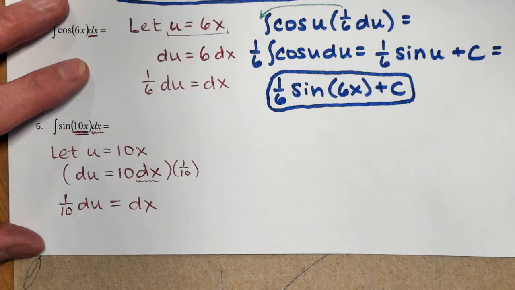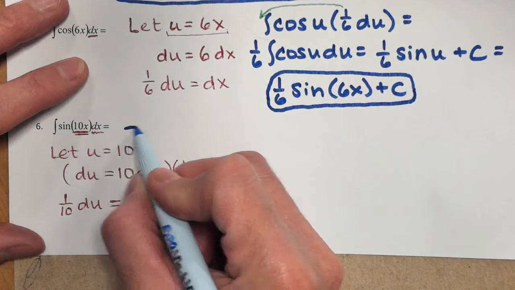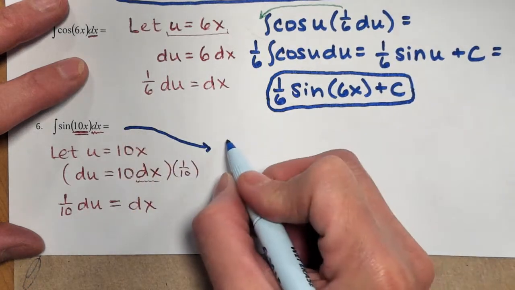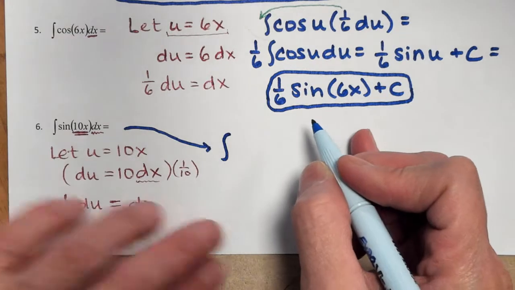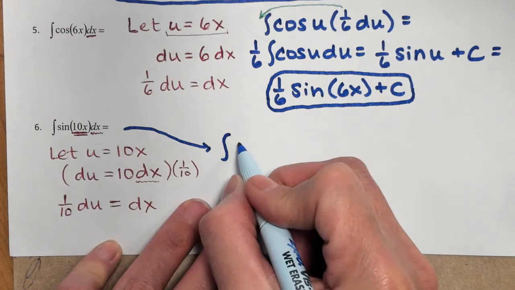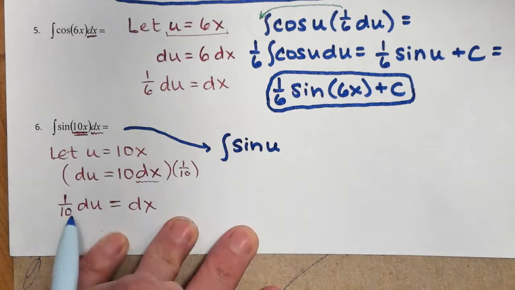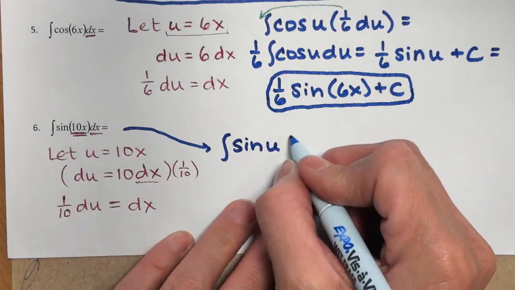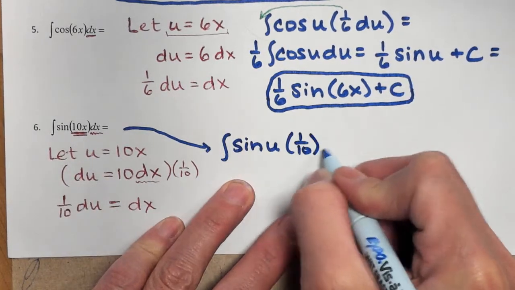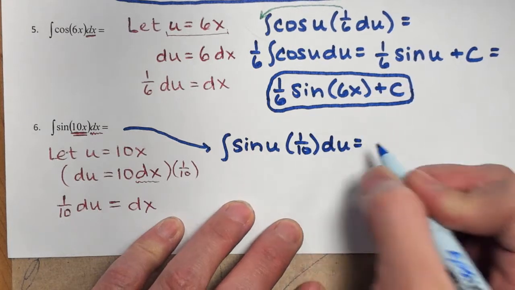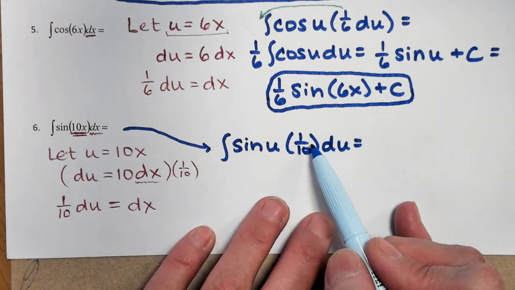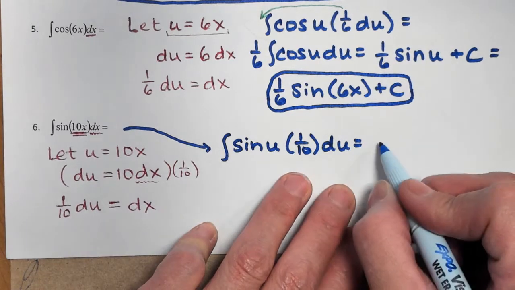Okay, we've set up the U-substitution, so now I'm going to go back here, and I'm going to say, this is the same thing as the integral of sine u, and then dx is 1/10 du. And remember, I can pull the 1/10 out.